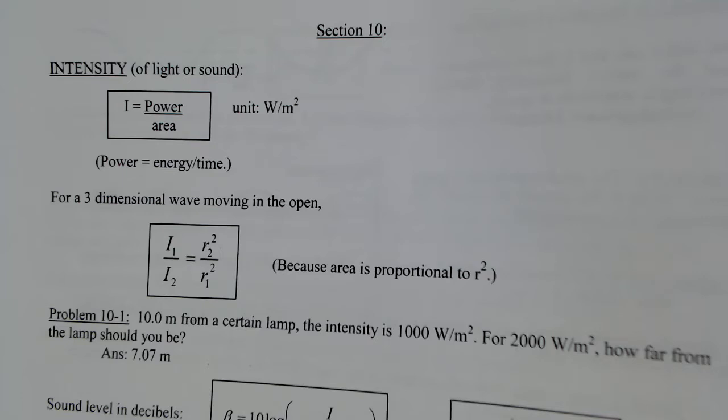So the larger the amplitude, the more energy that the waves carry. You don't need to get into it in this much detail, but it turns out that the intensity is proportional to the square of the amplitude, if I remember right.